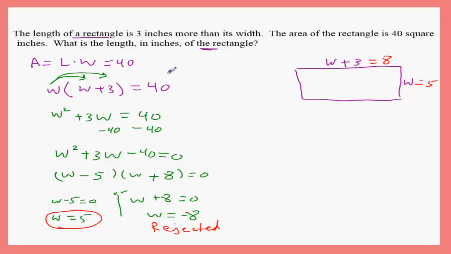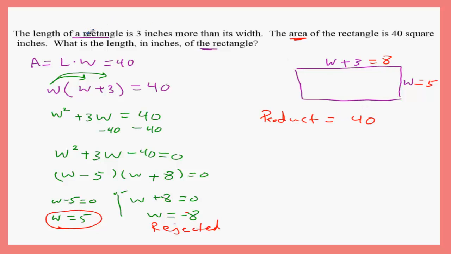How about if you feel like not doing all this work? You can avoid all of that. If you really understand the problem, you can do it mentally without doing this work. How? First of all, we set up this sketch here, this rectangle, W plus 3 and W. Now the area is multiplication, so you're looking for two numbers whose product equals 40.